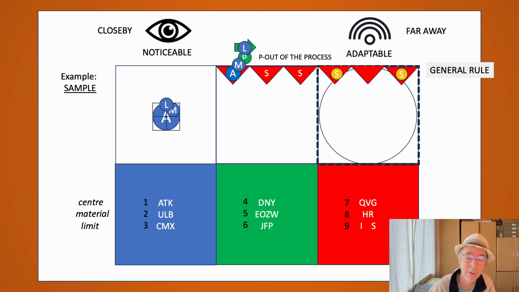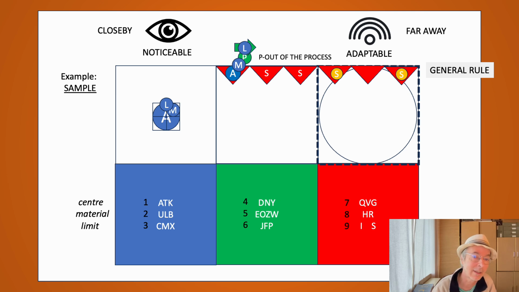I take out some material that I notice, and I see what I can take out of the process as material. That's the sample. There's a very easy way to describe it.